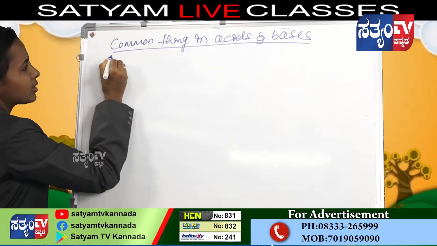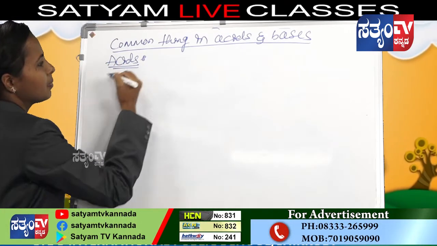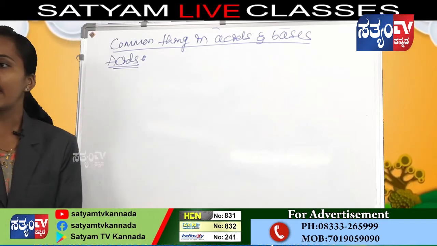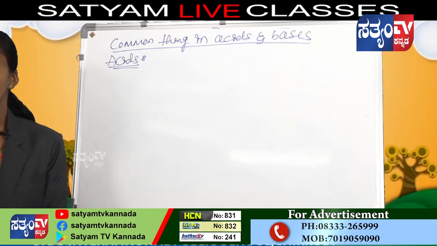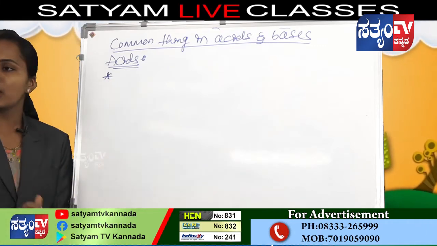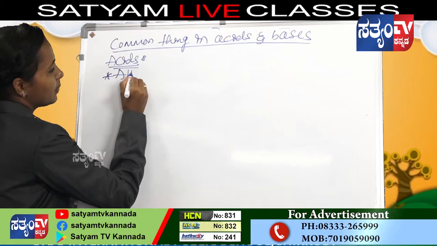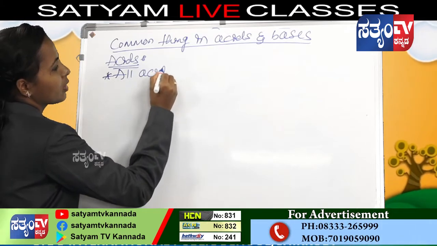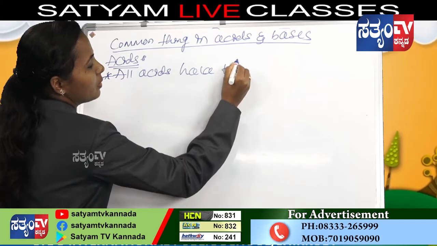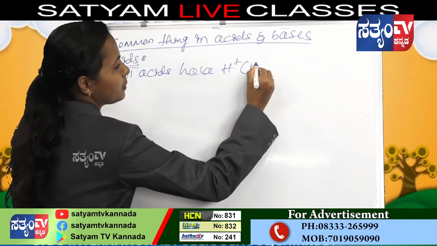First, consider acids. All of you already know that acids contain H plus ions. All acids have H plus ion in common. It is called the hydrogen ion.